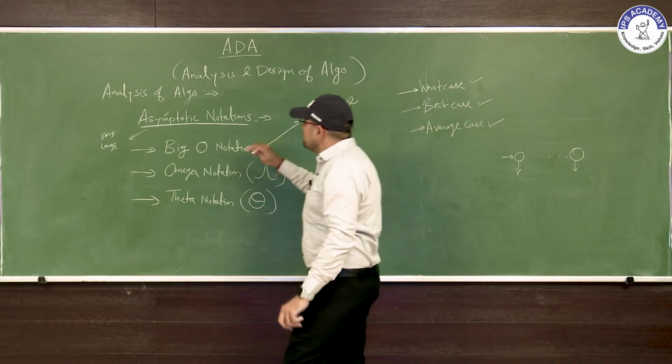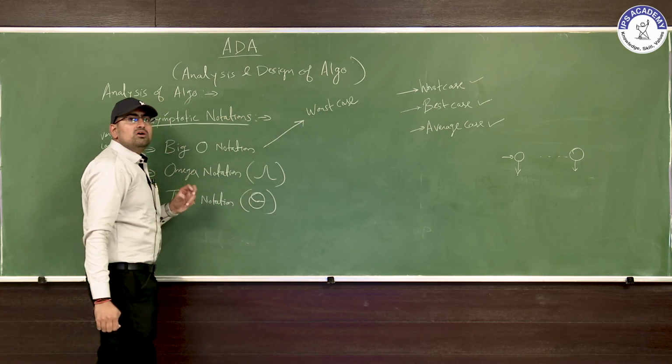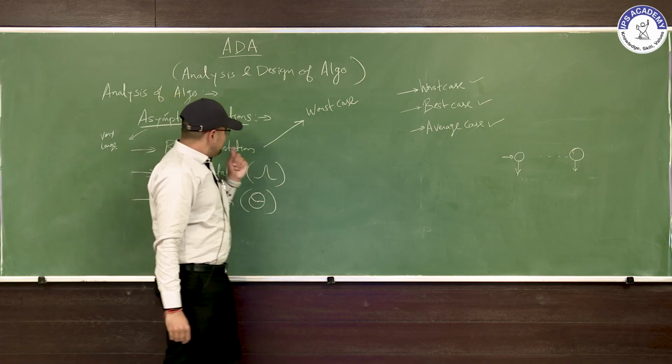As far as big O notation is concerned, we use it for expressing the worst case of the algorithm.